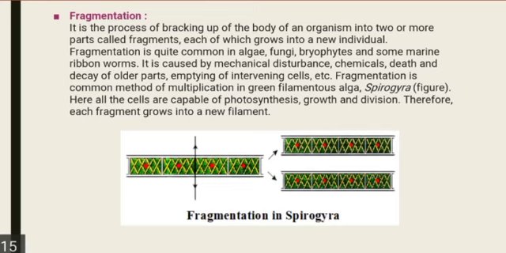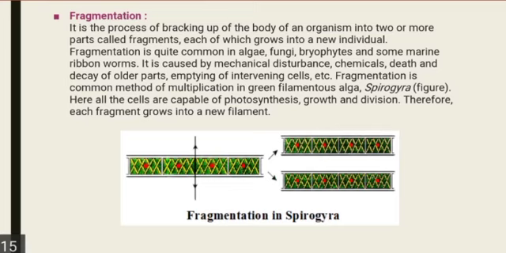Fragmentation is a common method of multiplication in green filamentous algae like Spirogyra, which is shown in the figure. Here, all the cells are capable of photosynthesis, growth, and division. Therefore, each fragment grows into a new filament.